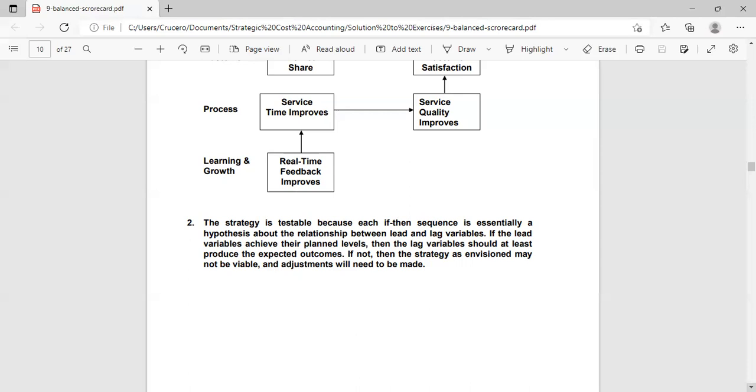If not, then the strategy as envisioned may not be viable, and adjustments will need to be made.